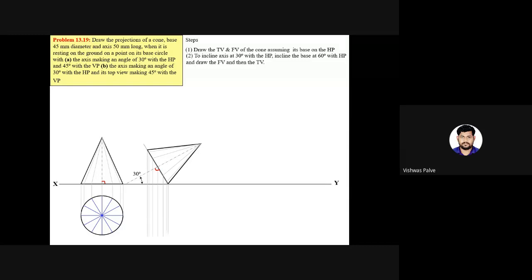Suppose this is my point 1, 2, 3, 4, 5, 6, this is my 7, 8, 9, 10, 11, 12. So all the points have been named.